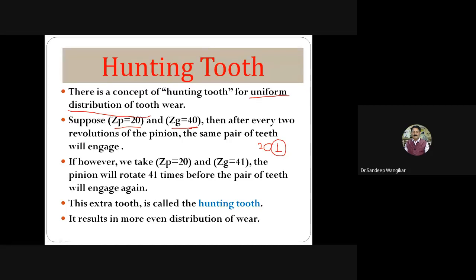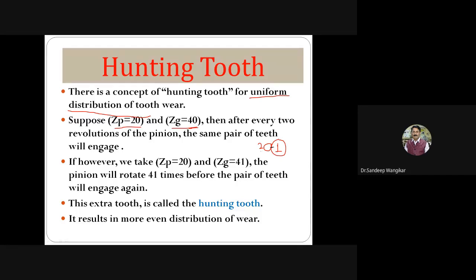Then after every 2 revolutions of the pinion, the same pair of teeth will engage. For example, you mark any one pair that is engaged now. This tooth on the pinion and this tooth on the gear are engaged. After 1 revolution, the same teeth are again not engaged.